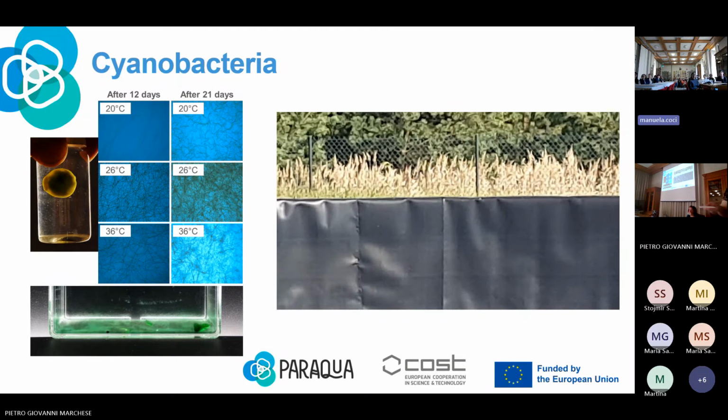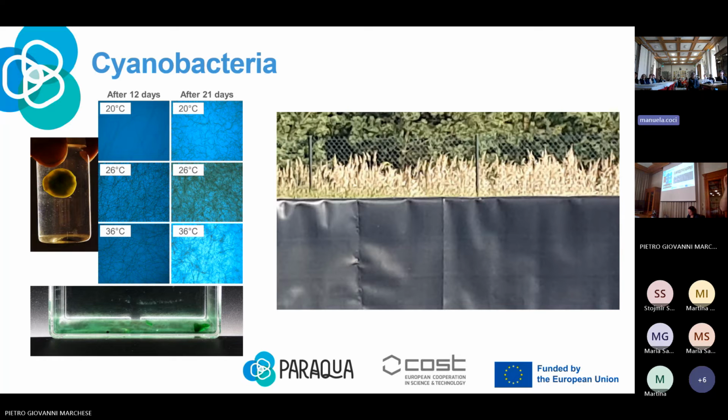Of course, we have the numerical data that can prove it, but also the photos taken after 12 days and 21 days of incubation quite clearly show at which temperature the growth is the highest. And here we have the culture of this cyanobacterium.